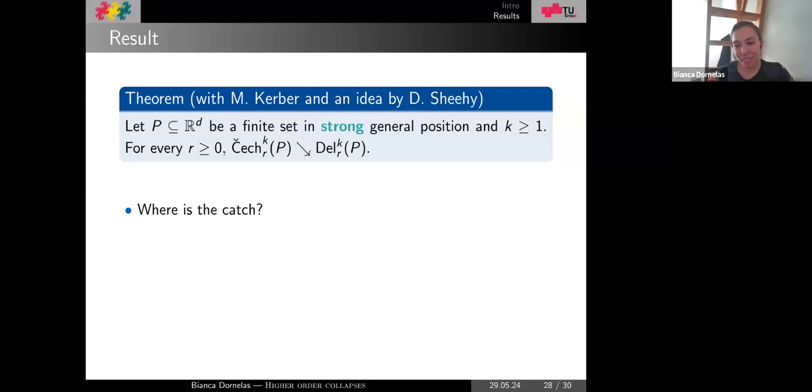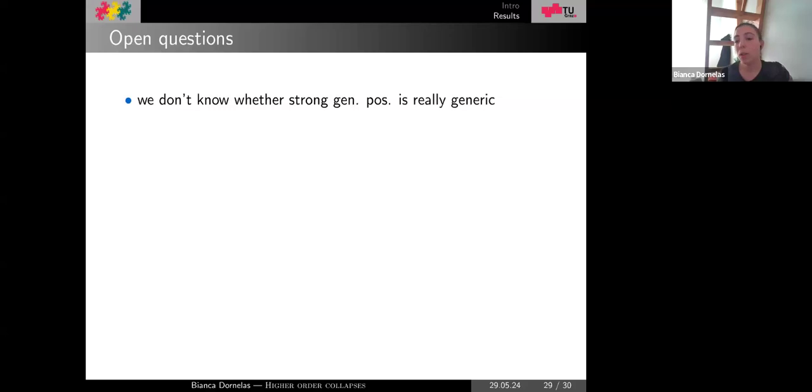But I will tell you, of course, the catch is exactly in the condition of a strong general position. Because we don't know if it is generic. And in fact, this result is not that relevant if it's not in a generic condition, right? And we are in the process of trying to show this.